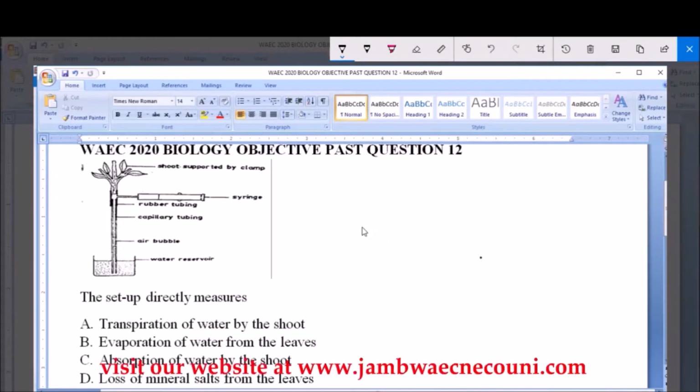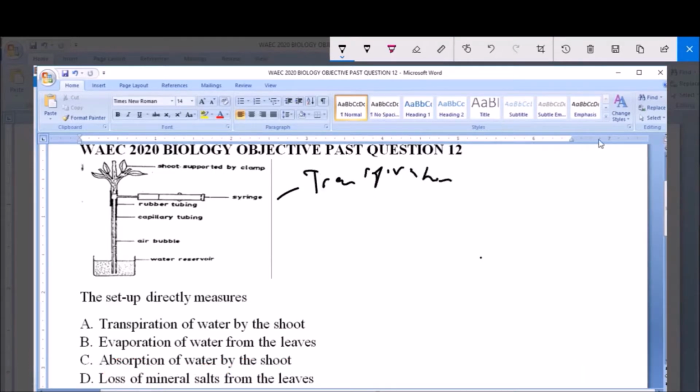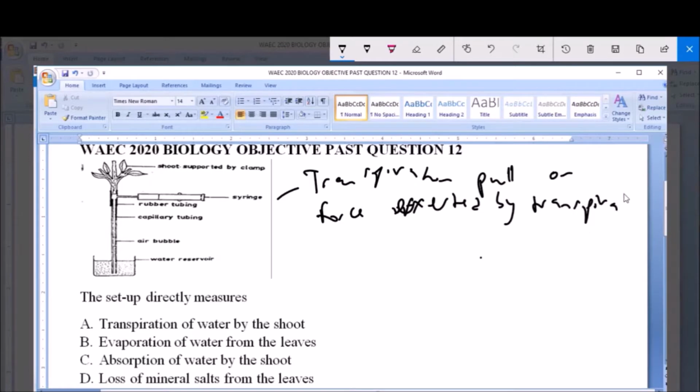So this experimental setup you have here is for measuring transpiration pull, or what is known as the force of transpiration, or force exerted by transpiration.